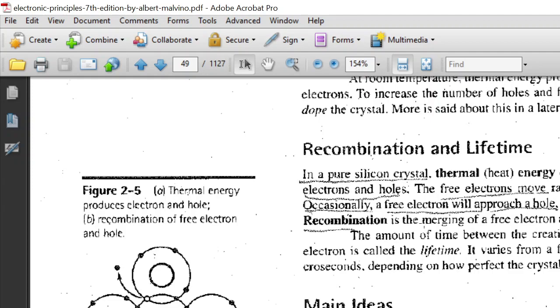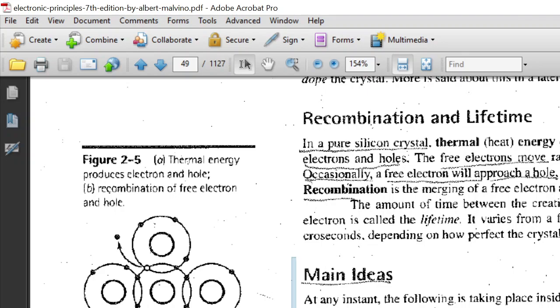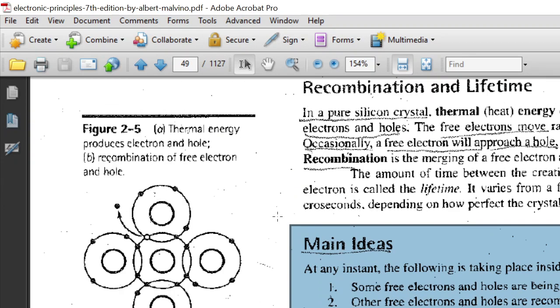So at any instant of time, what happens? Look at this main idea. This is why this book is so useful. I think that at the end of the chapter they also mention the main ideas from the chapter. So all this discussion, you must remember these 3 points. At any instant in the pure silicon crystal, 3 phenomena are happening.